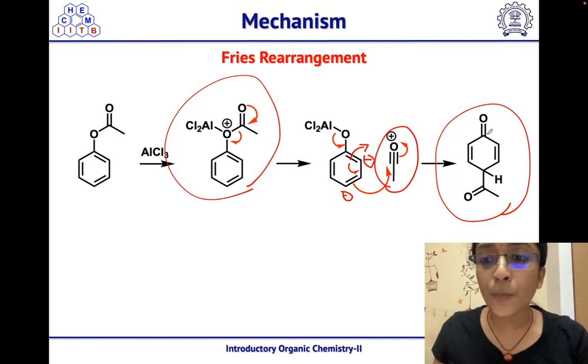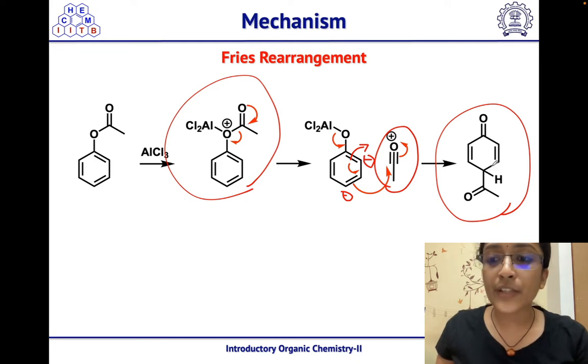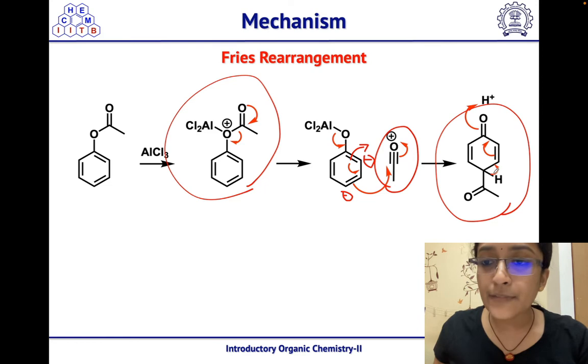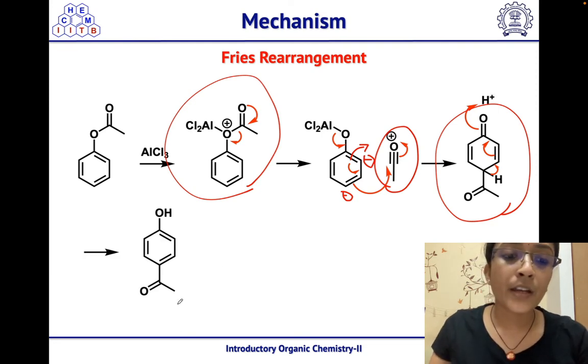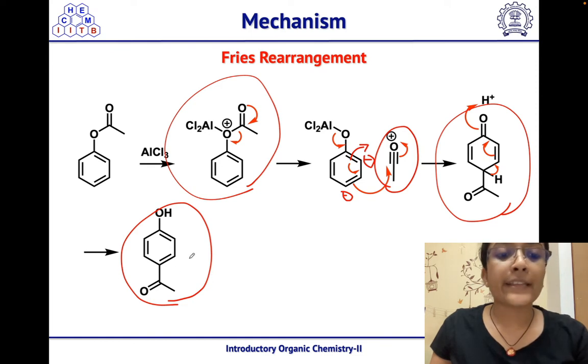This is not an aromatic system, so this proton will be removed. It will shift in this fashion, and it will abstract H plus from the solvent, and we will get a hydroxyaryl ketone like this.